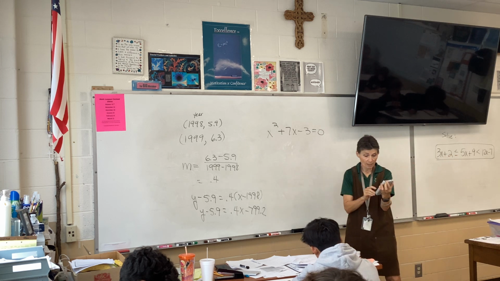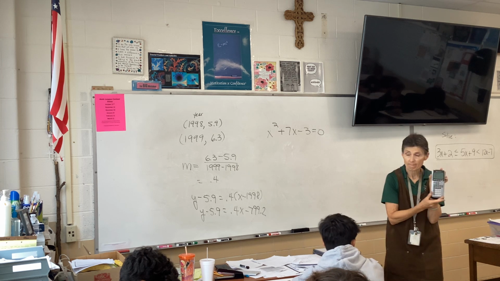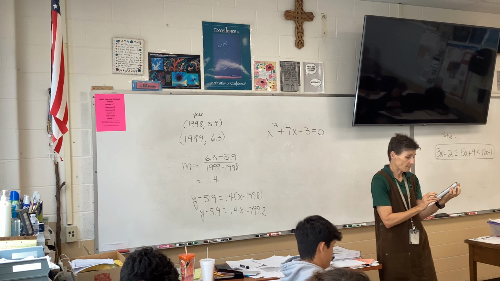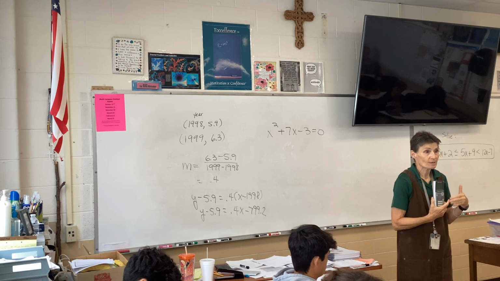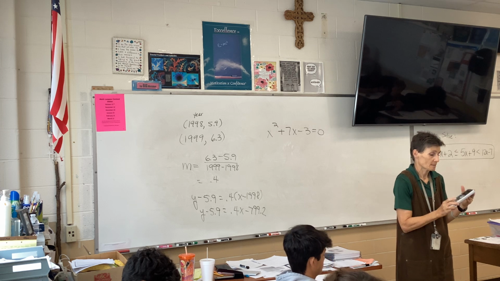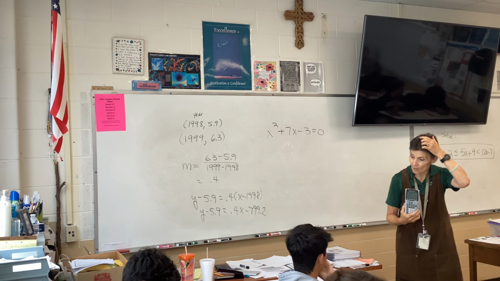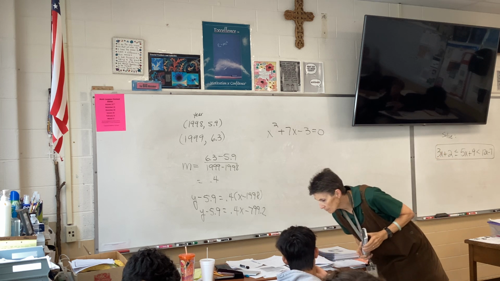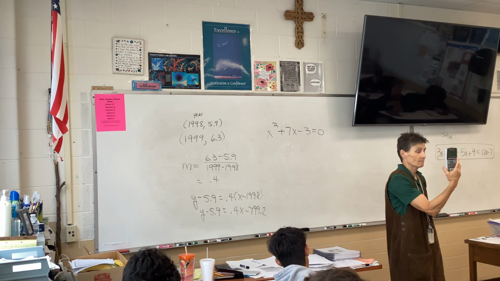Now I'm going to do plus 7x and minus 3. So in my calculator now is x squared plus 7x minus 3. All of you with graphers, do you have that in? Got it in? Perfect. Now just hit graph.